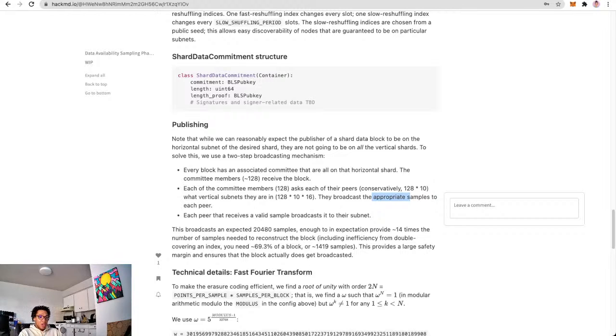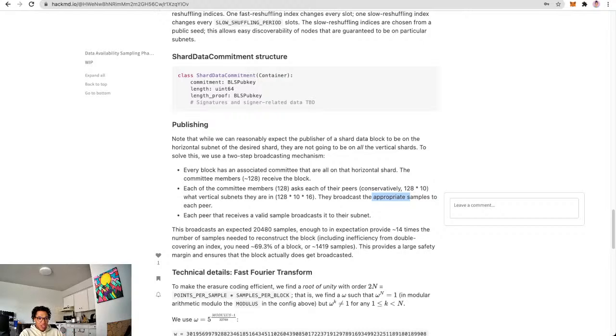Okay. This broadcasts an expected 20,480 samples, enough to, in expectation, provide around 14 times the number of samples needed to reconstruct the block. So that could potentially mean that you could be sending a bit less data or fewer messages, but you're always playing with fire when you start lowering all these numbers, right?